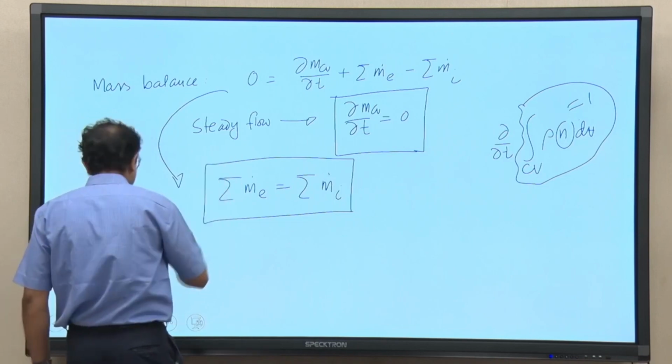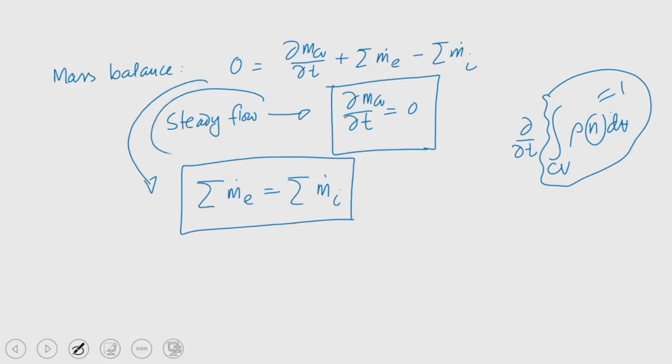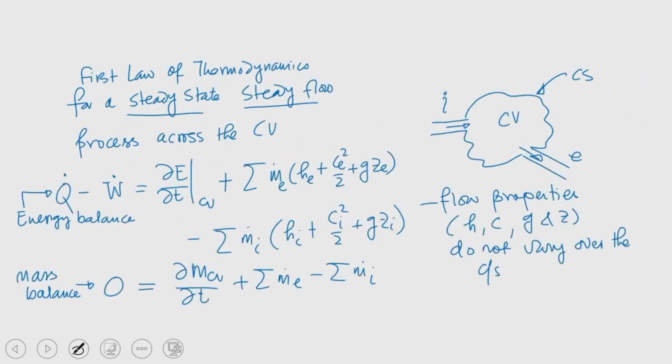Now see, we have already considered the steady flow assumption. Basically, for the steady state steady flow process, which is a special process, we have already taken into account the steady flow case. So, now remaining is steady state.